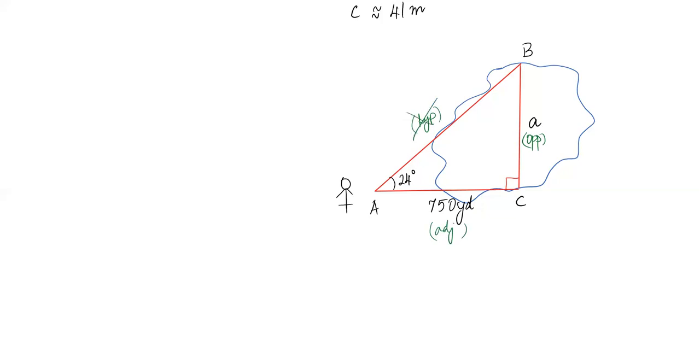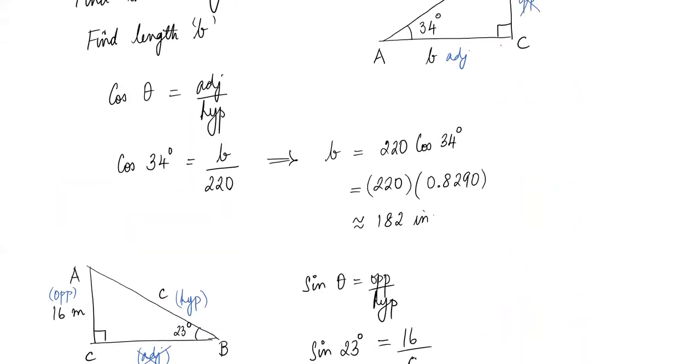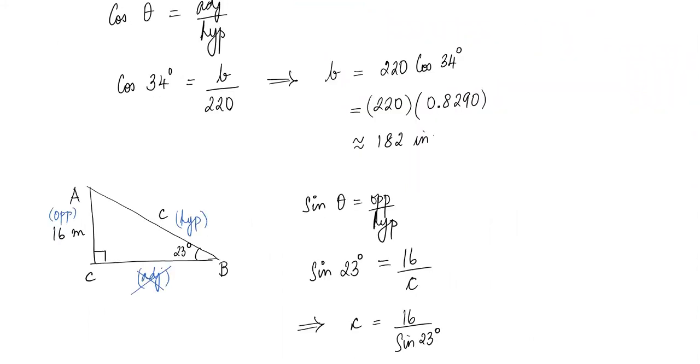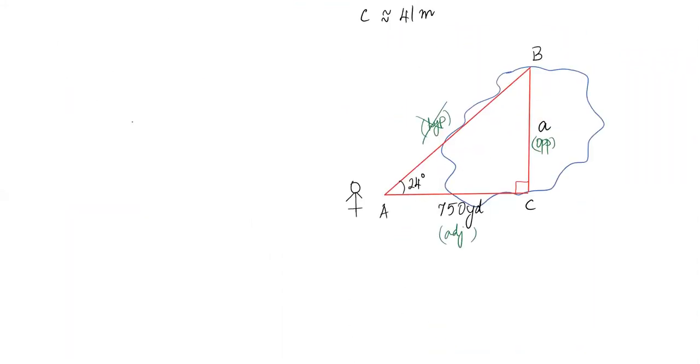So opposite and adjacent, if you go back to our SOHCAHTOA, opposite over adjacent comes from tangent theta. Tan theta is opposite over adjacent. And in this case, it's tan 24 degrees, which is the opposite, the missing side A, over the adjacent side, which is 750 yards.